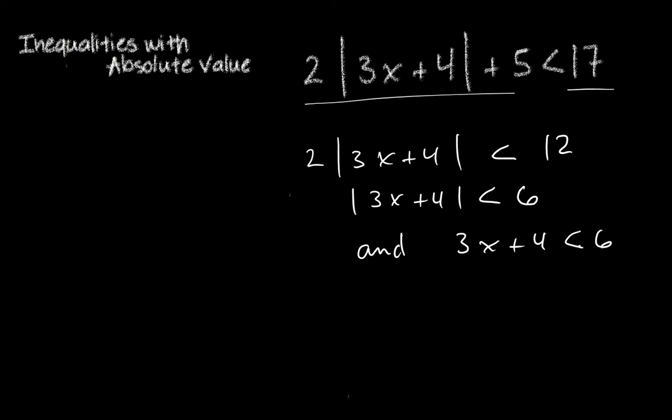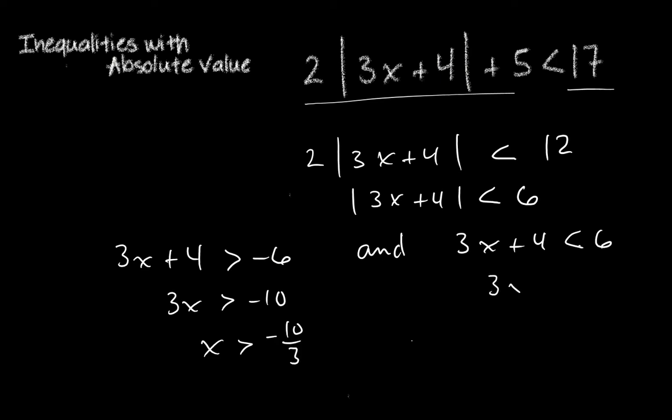And on the other end, we're going to do 3x plus 4 is going to be greater than -6. Solving this, I'm going to just take away 4 from both sides, so this can become 3x is greater than, this would be -10, I believe. I took away 4 from both sides. Therefore, x is greater than -10/3.